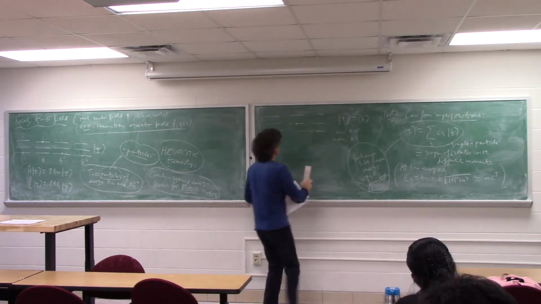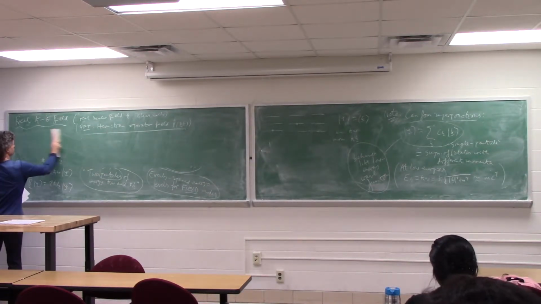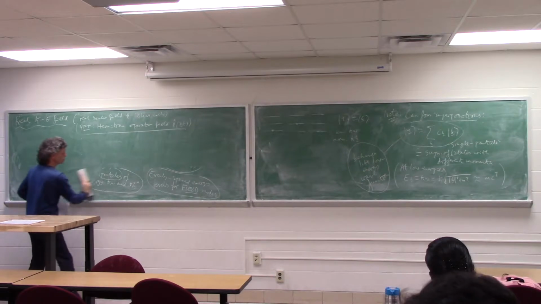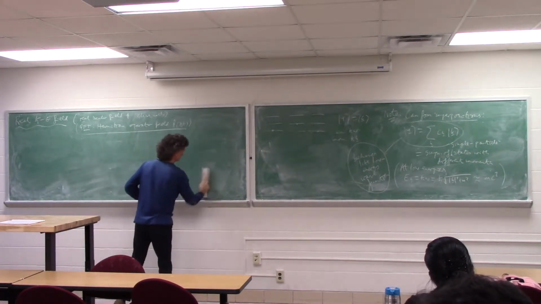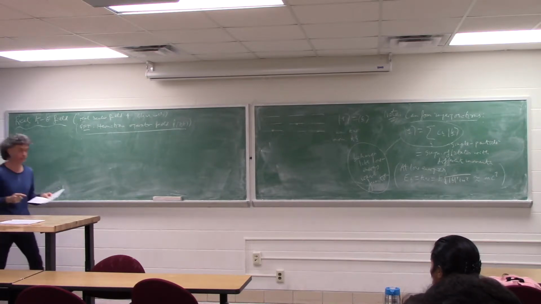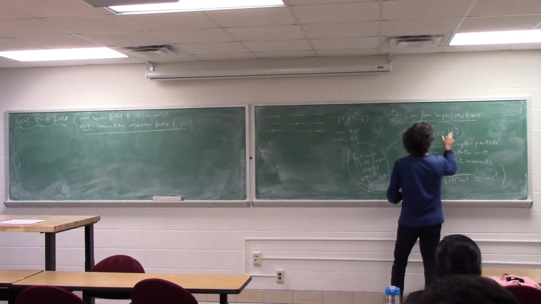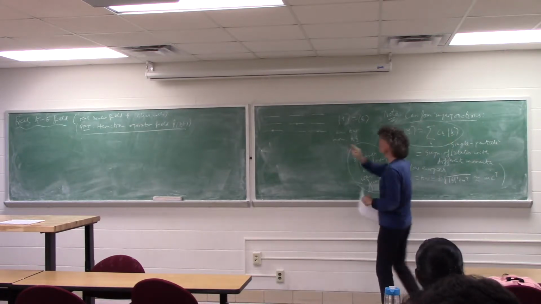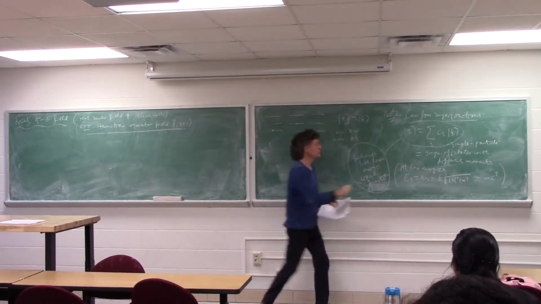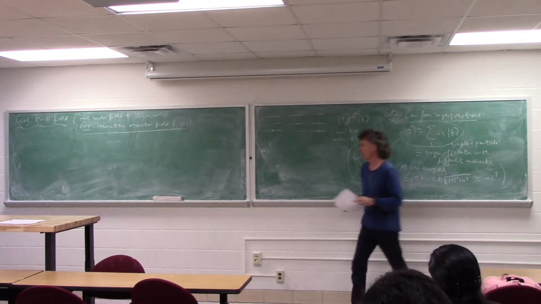All right, let me say one more thing: what happens if I have two different modes excited at the same time? Here I have a superposition where in each term there's just one mode excited. So this is a superposition of terms where in each term there's one particle, if you like.